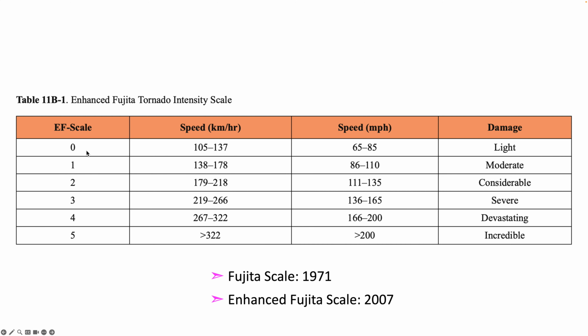So this is the scale that we use today. Again, it's still a 6-step scale from 0 to 5. Here are the wind speed ranges. And you can go online and get a lot more information on what light, moderate, considerable, all the way to incredible means. If you search for the Enhanced Fujita scale, you'll see descriptions of the type of damage caused by winds in each of these ranges.